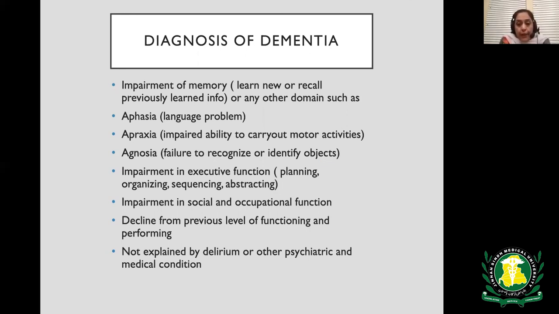For example, the patient has problems cooking and following multiple steps, and impairment in social and occupational function. However, it is very important to note that a decline from the previous level of functioning and performance should be there, and the symptoms should not be explained by delirium or any other psychiatric or medical condition.